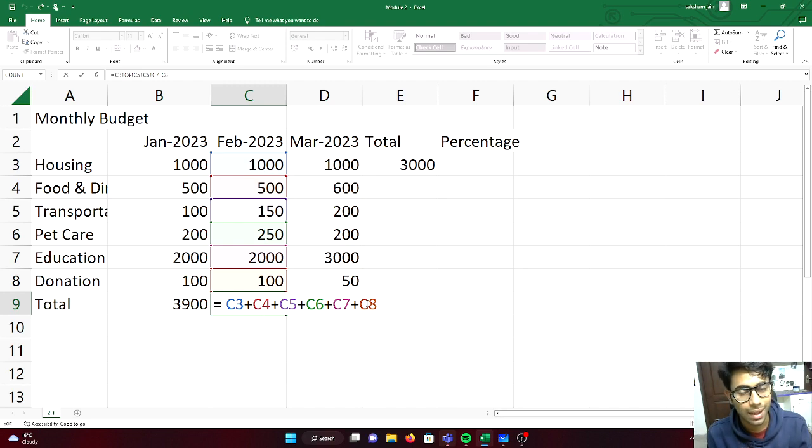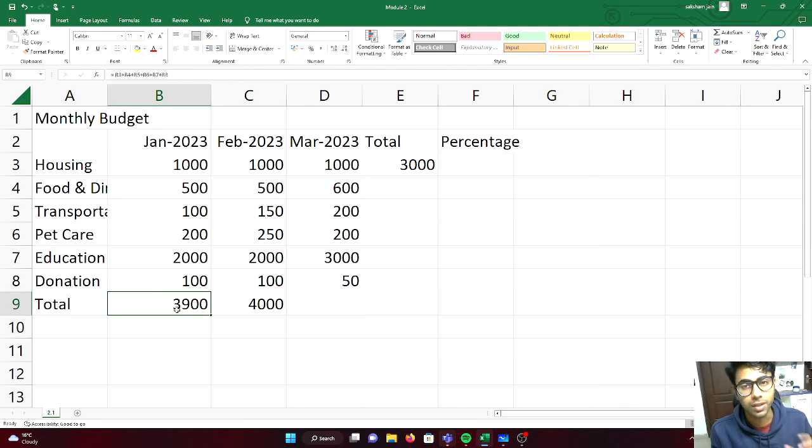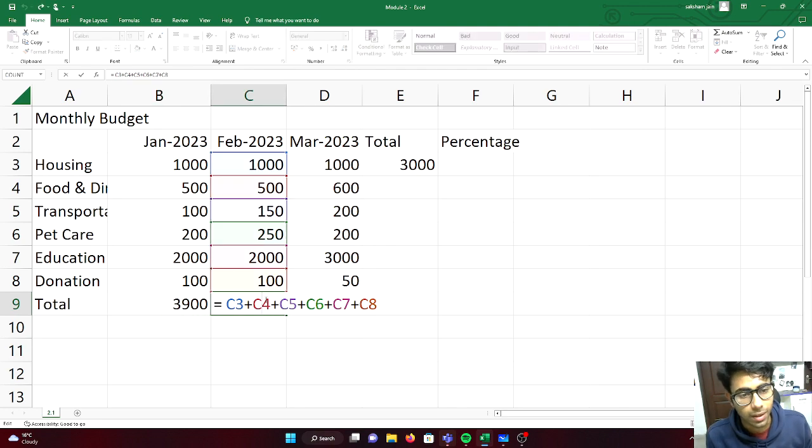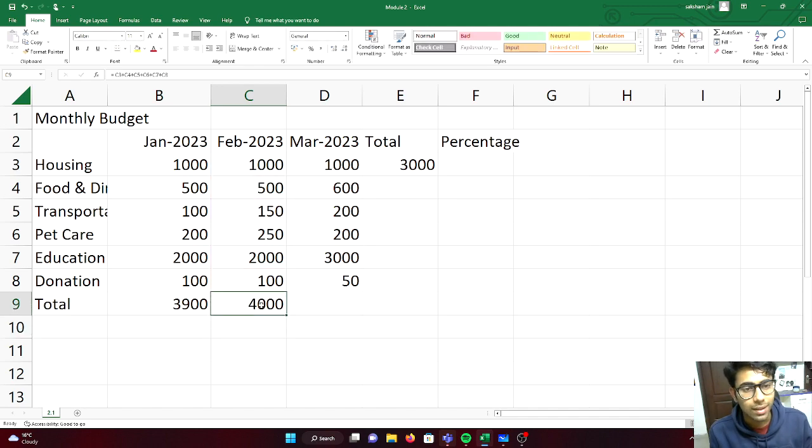So what is happening is that it copied the relative reference formula from this particular cell and pasted it here. Again, this cell is totaling the values by getting the values of the cells which are six steps away, five steps away, four, three, two, and one step away.